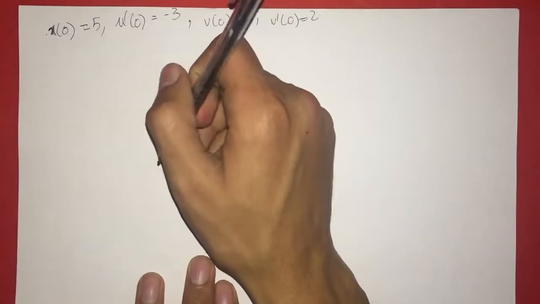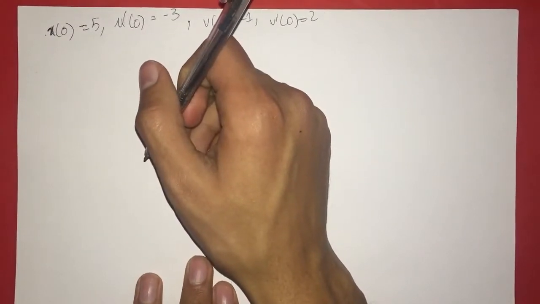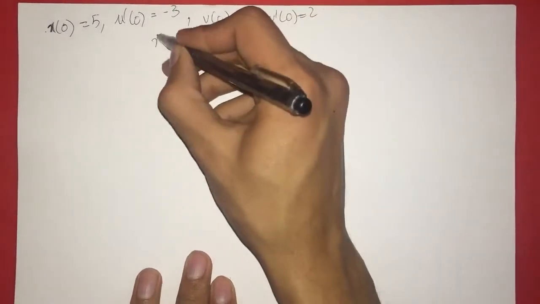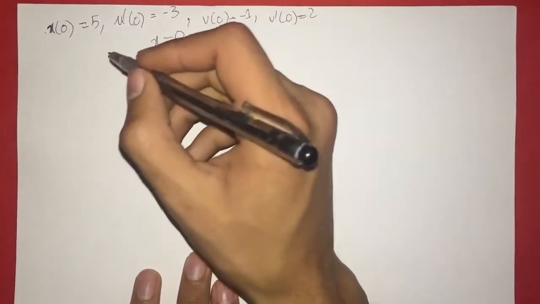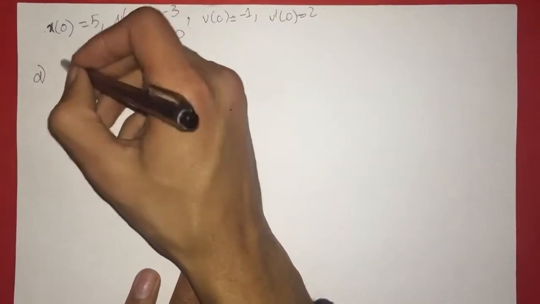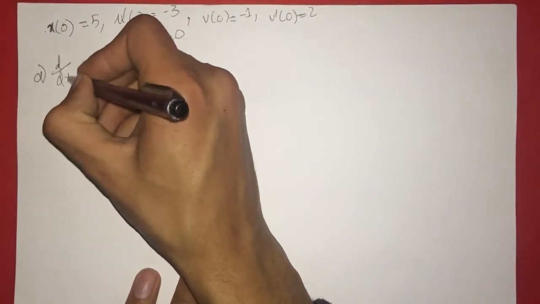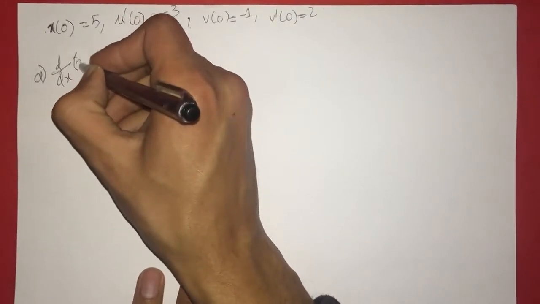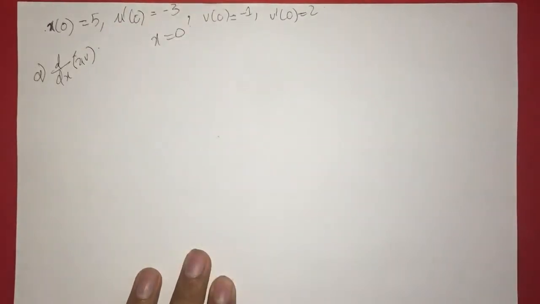What they want us to do is find the values of the following derivatives at x equals 0. They want us to find the value of the derivative d by dx of a, that is u of v.